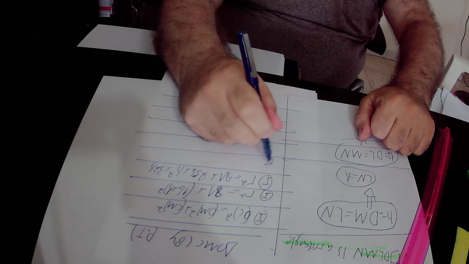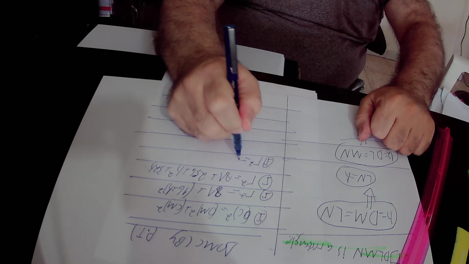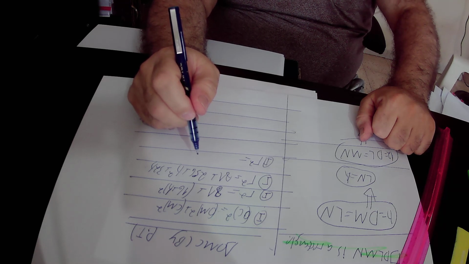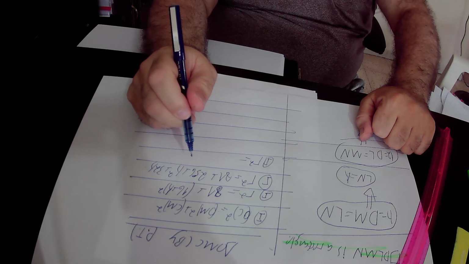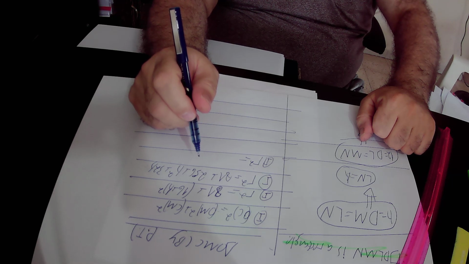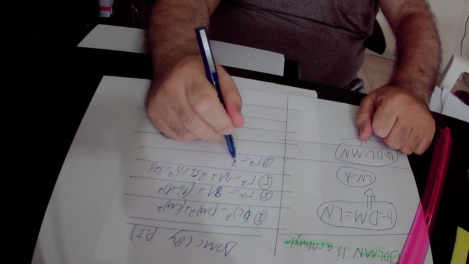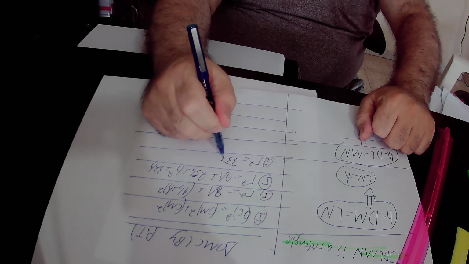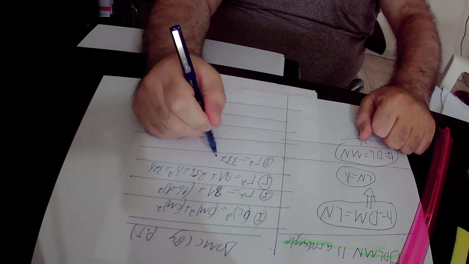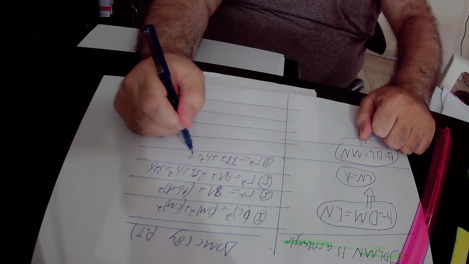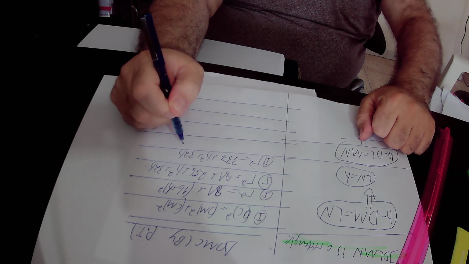So according to equation number 1, we found that R square equals 81 plus 256, which equals 337, plus H square plus 32H.